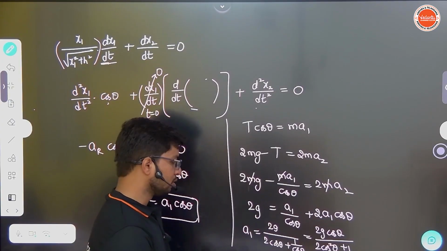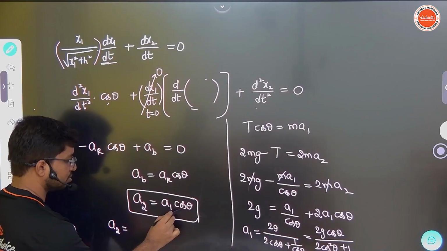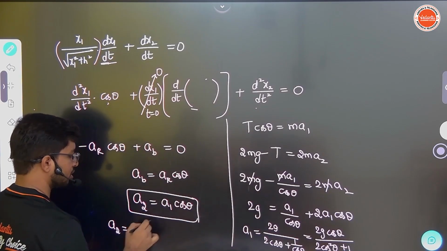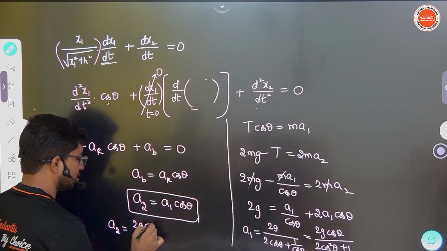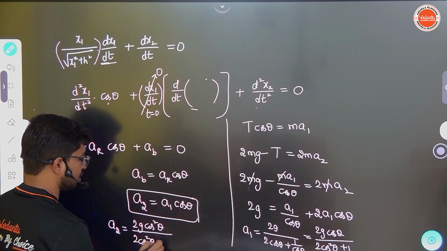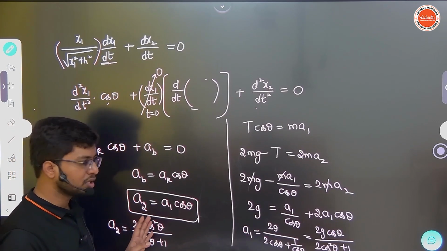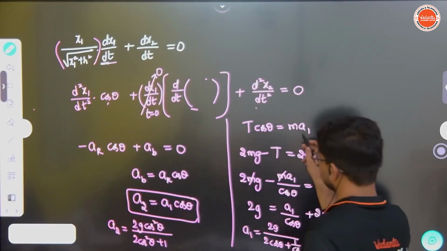Clear with this? Once you get a1 here, what is a2? You just have to multiply with one more cos theta, so a2 is 2g cos square theta divided by 2 cos square theta plus 1. Understood? Clear?